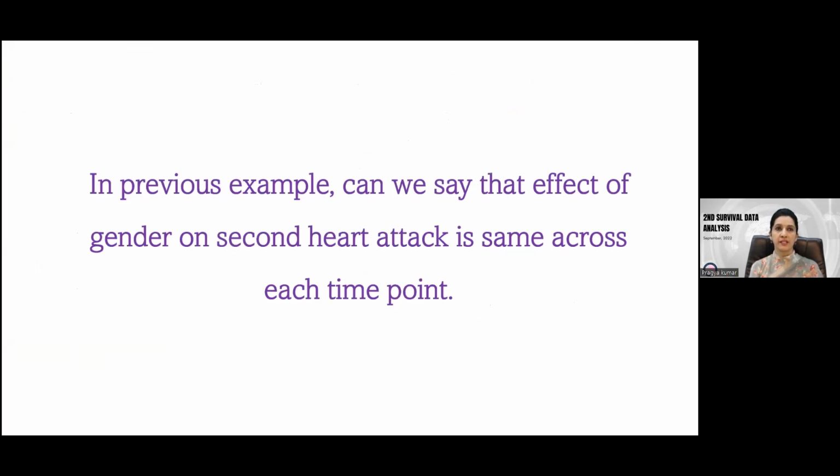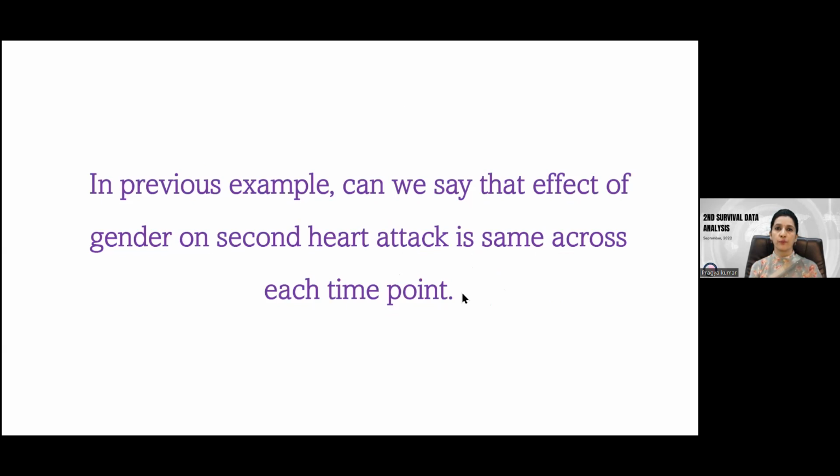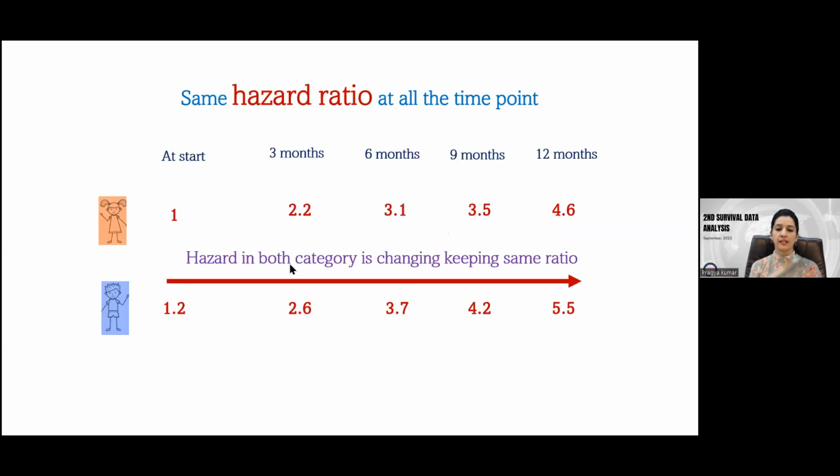So in the previous example, we can say that the effect of gender on second heart attack is the same across each time point. Can I say that, even if you don't understand the hazard ratio for now, the odds ratio is constant at 1.2? Although the hazard in both the categories is changing, it is keeping the same ratio.